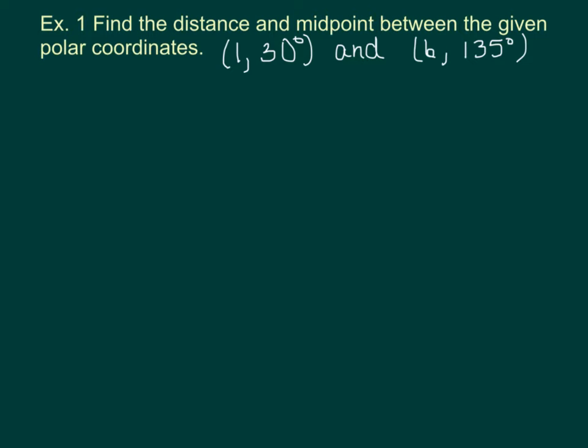Example 1, we're going to find the distance and midpoint between these two polar points. And what I do first is label this r1 and theta 1 and r2 and theta 2. So first we'll do the distance. So I'm just going to plug everything in my formula.